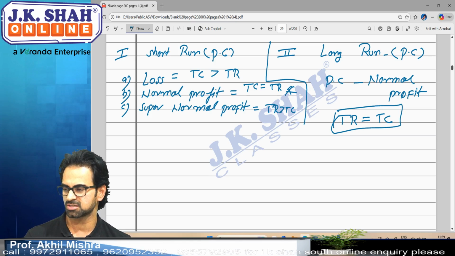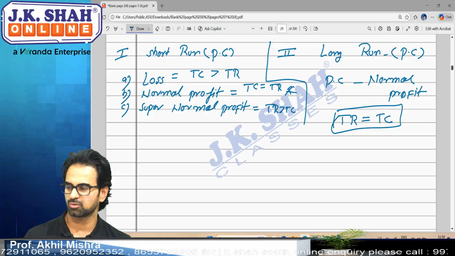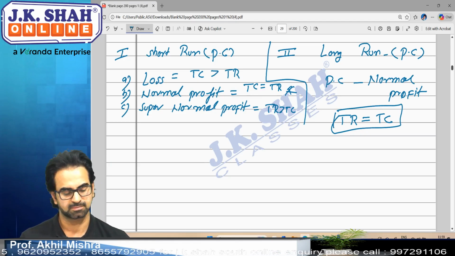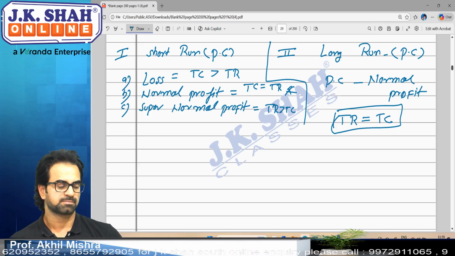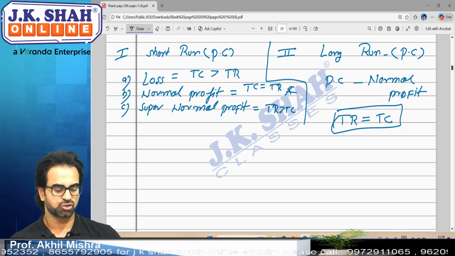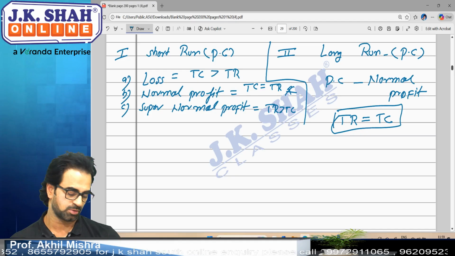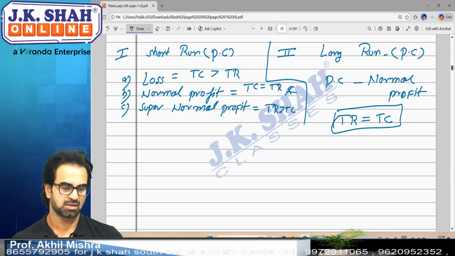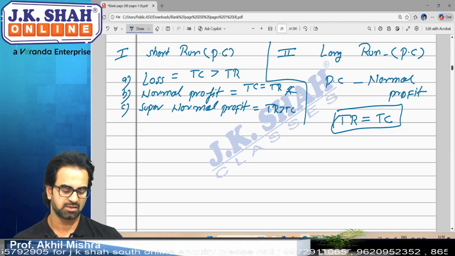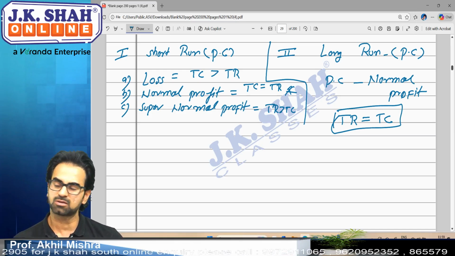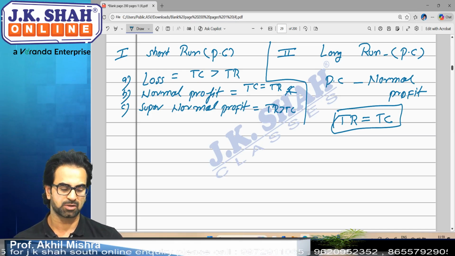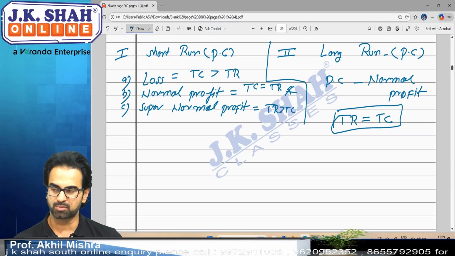Perfect competition is the first market. But when it comes to the long run, you can only make a normal profit in perfect competition.